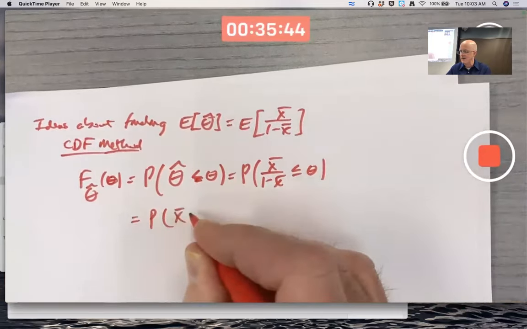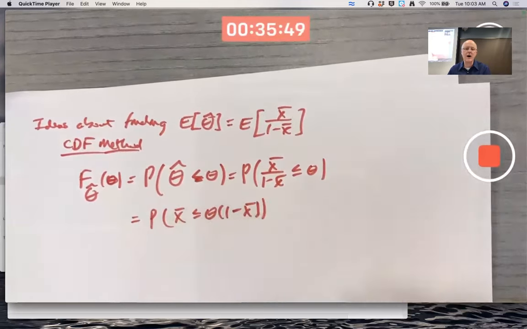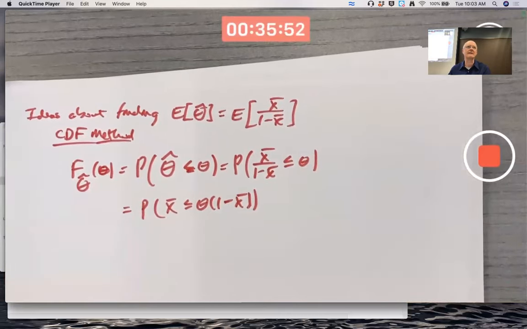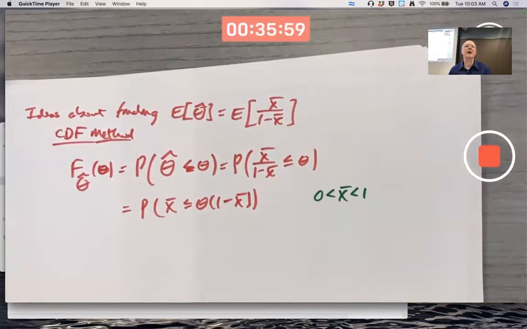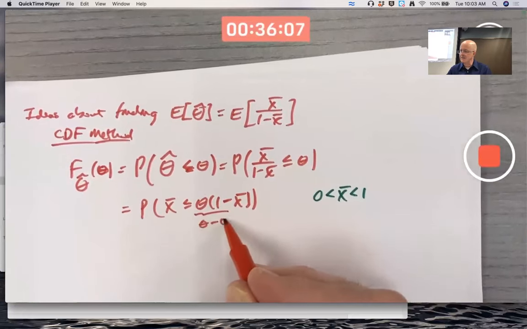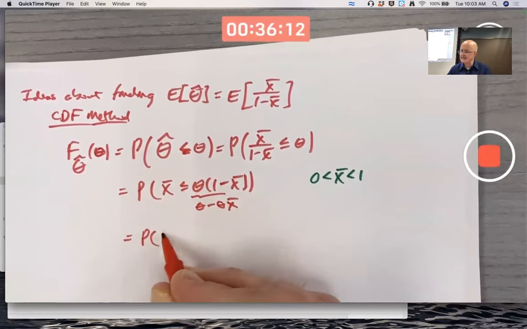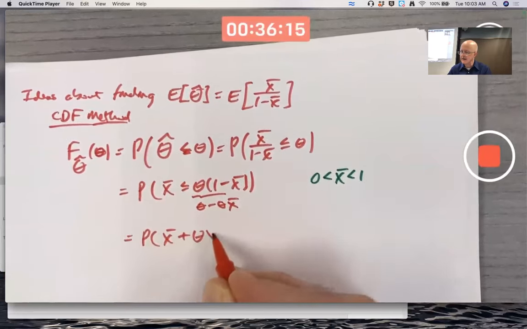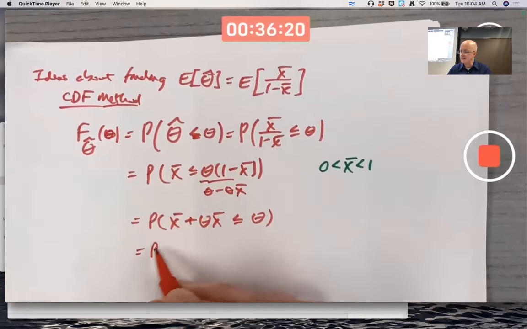Multiply both sides by 1 minus x bar, which does not change the direction of the inequality because x bar is going to be between 0 and 1 for this example. So we don't have to worry about multiplying both sides by a negative number. And this is theta minus theta times x bar. I could then add theta times x bar to both sides, and then factor out the x bar.